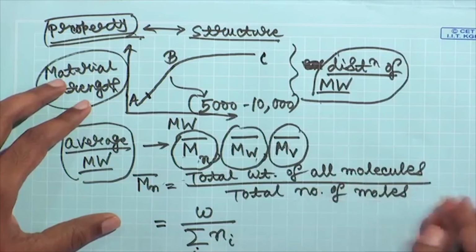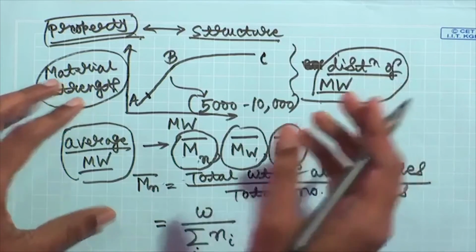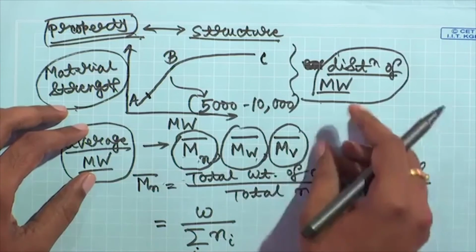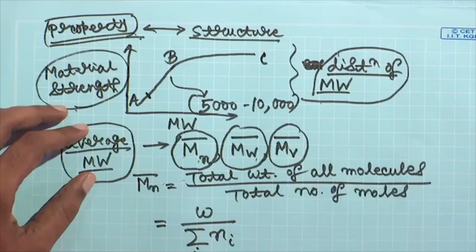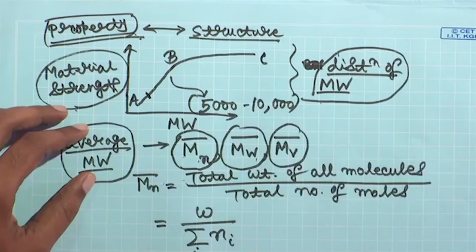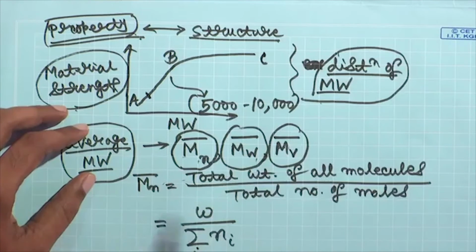All different kinds of molecules, not by structure, they are all polymer molecules, but they have different molecular weights, because there will be species of different molecular weights, and you are taking the average of these molecular weights and determining Mn in this case.